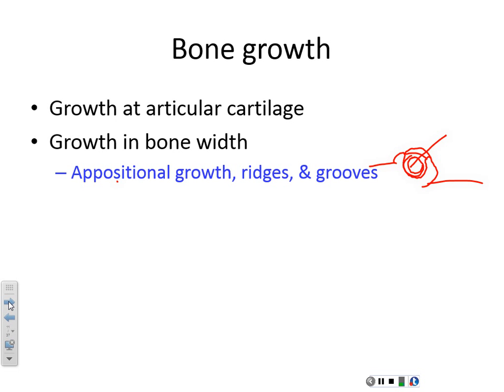So on the surface, let's say this is the surface of the long bone, looking at it from the side, you lay down a whole bunch of these osteons on the surface like that. And then in the middle will be interstitial tissue, the interstitial lamellae, to fill it up. Remember that we talked about that last time? So that's the growth there in bone width.